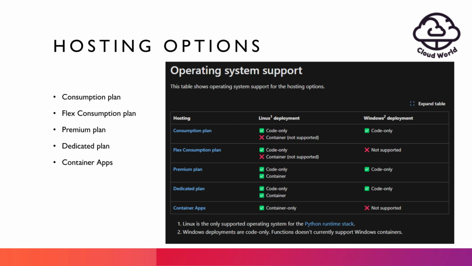Because let's say, for example, you need a function that has an unlimited amount of time to execute its code, you will be well served by using a plan other than the consumption plan, because that will be constrained to 10 minutes. So take those kinds of considerations into account.